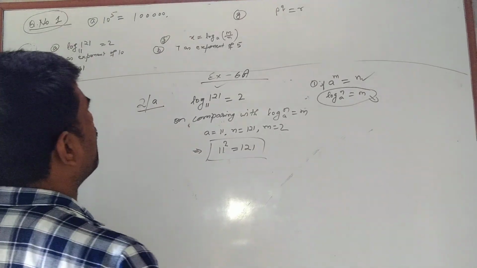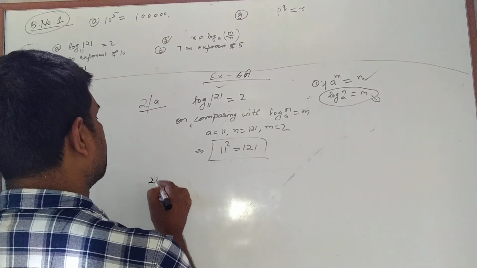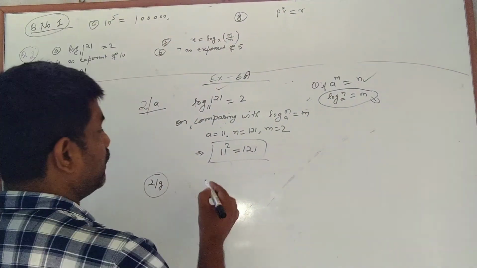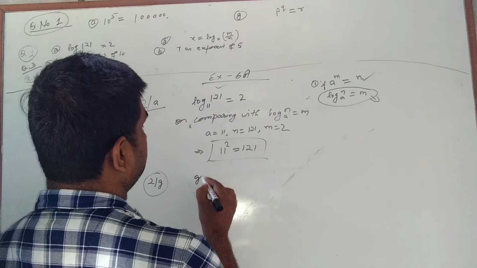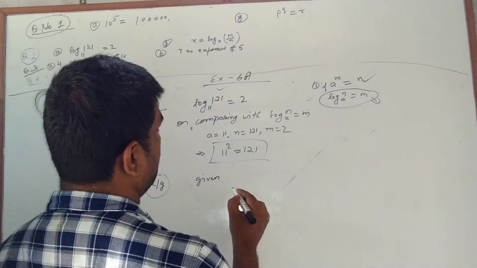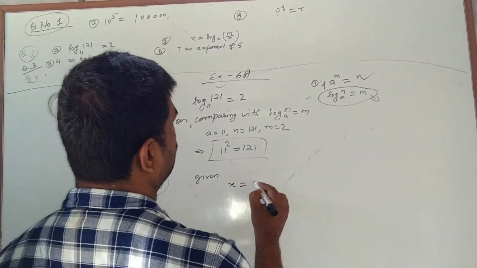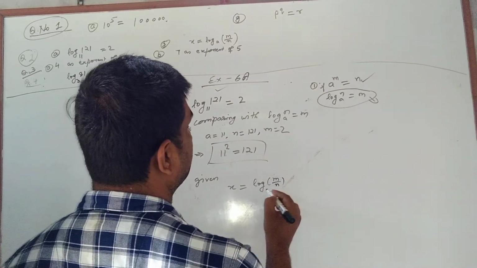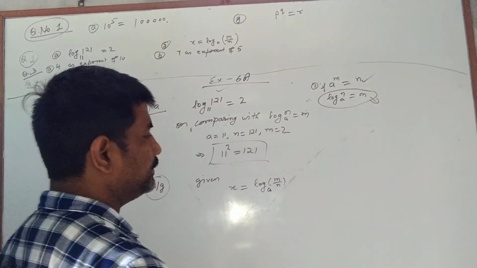Similarly, the G part of question number 2. Given x equals log m by n base a.